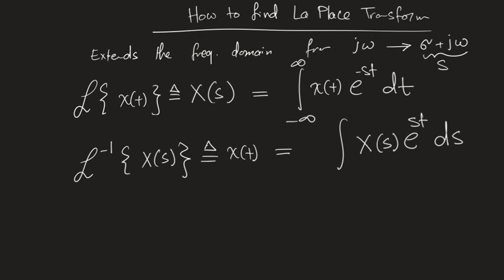I will just mention here the limits of the integral. Interestingly, they are sigma minus j infinity and sigma plus j infinity. What does this mean? Looks very strange, right? Well, if this was omega, if this was the Fourier, what did we do for the Fourier? We were ranging our omega from minus infinity to infinity, right?